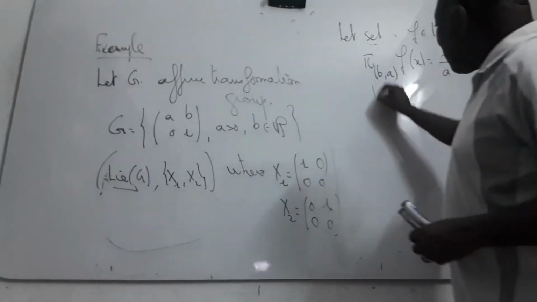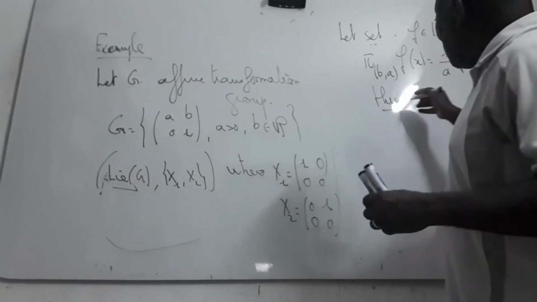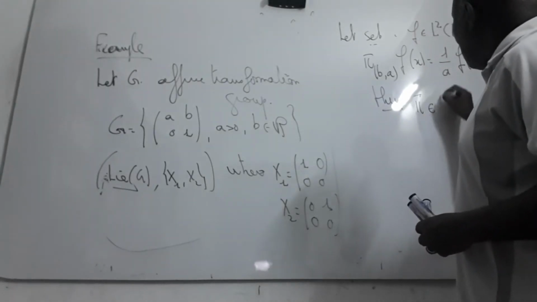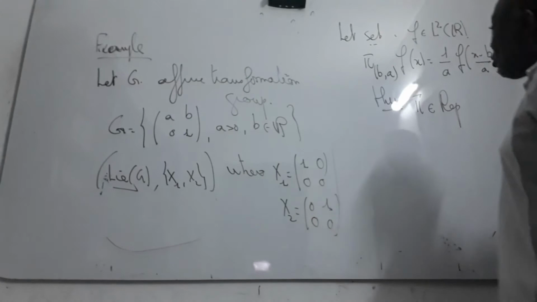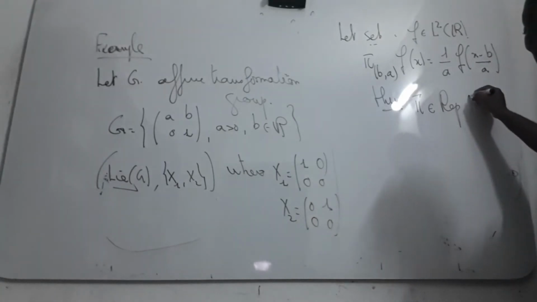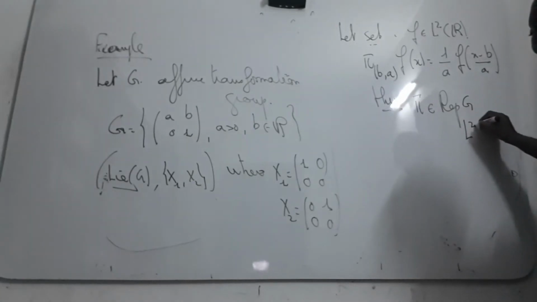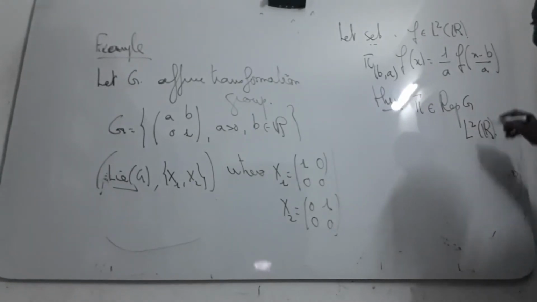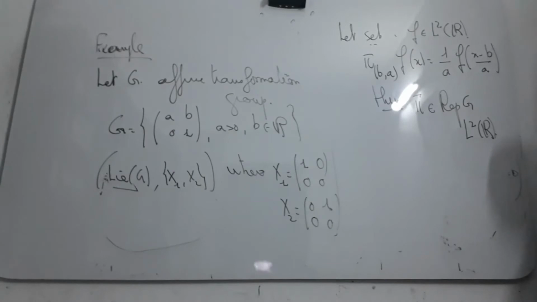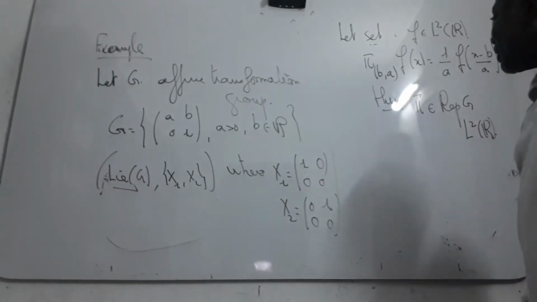Then you can easily see that pi here is a representation of this G into L2 of R, which is this Hilbert space. This representation is very easy to prove.